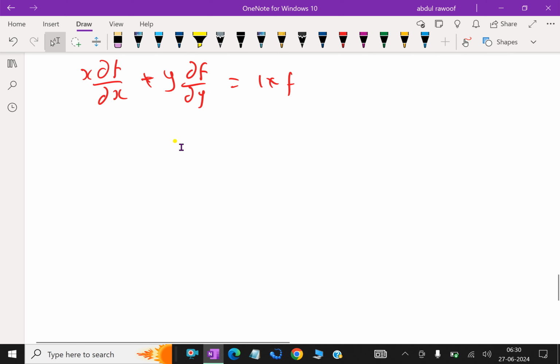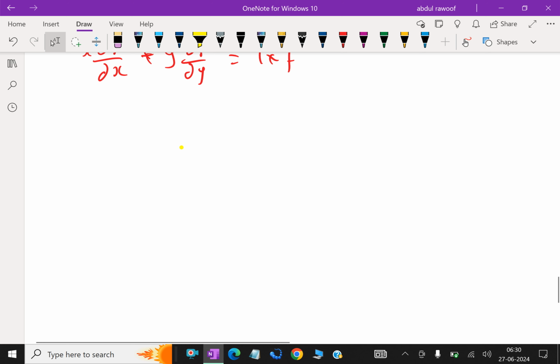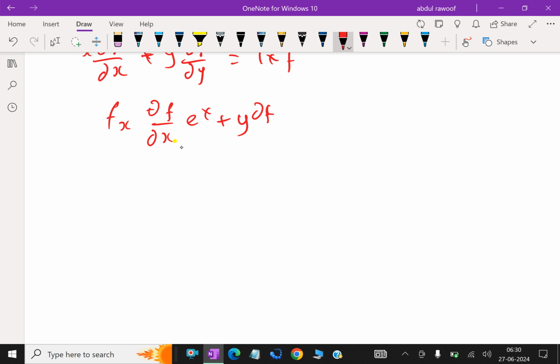Then x dou f by dou x into e power u plus y dou f by dou y into e power u equals e power u, because x dou f by dou x plus y dou f by dou y equals f, so e power u comes out.